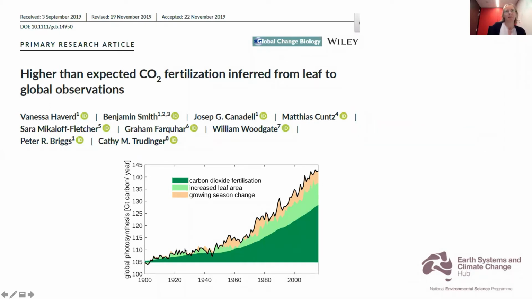And that's broken down here into three components. First, the direct carbon dioxide fertilisation effect. So that's the stimulation of photosynthesis at the leaf level by increasing carbon dioxide in the atmosphere. Secondly, the increased leaf area. And thirdly, the growing season change, or the effect of climate.